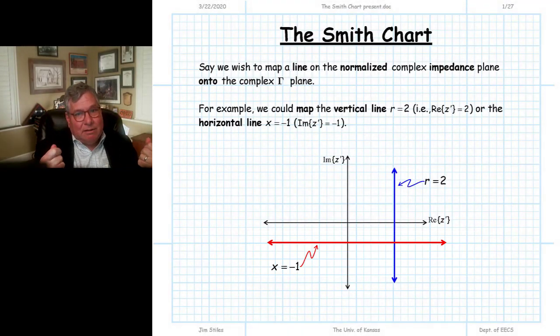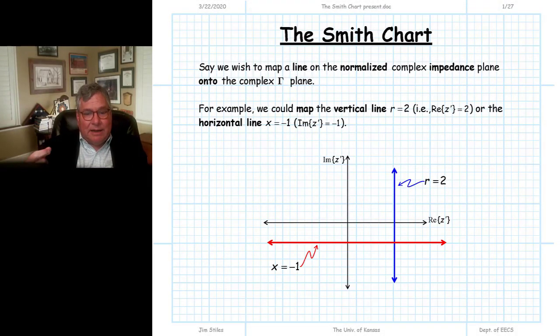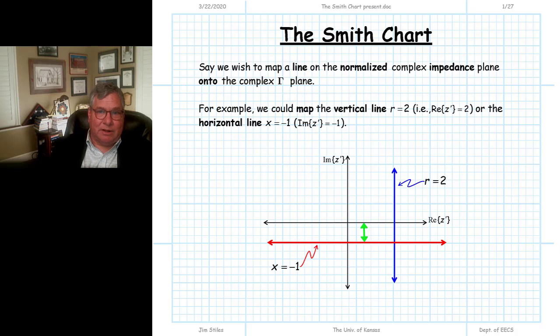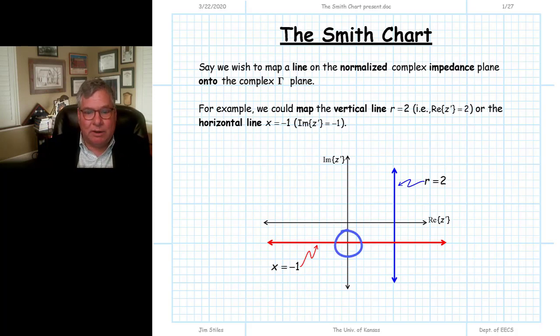Where that contour, which is 1 unit below the real axis, intersects the vertical axis, the imaginary axis, is a location where the imaginary part of the impedance is minus 1, but the real part is equal to 0. It's a purely imaginary, reactive impedance at that location.